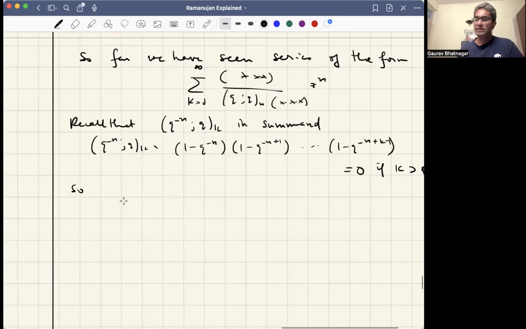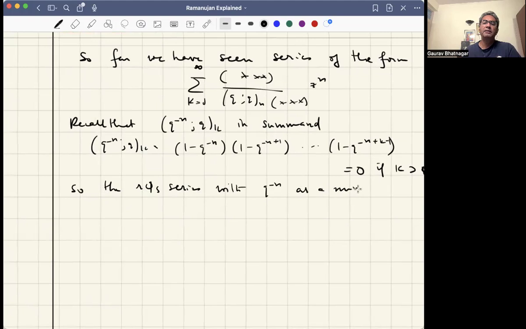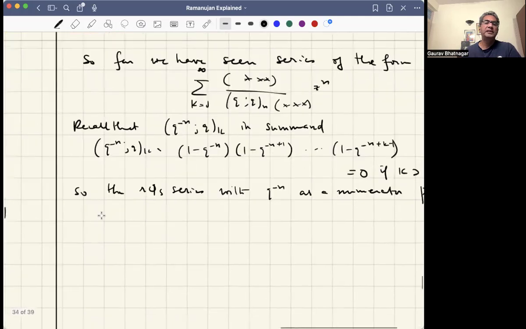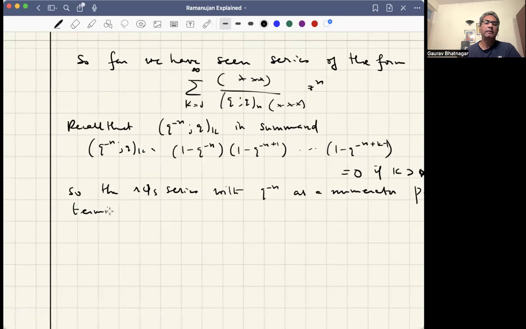So if this term is there, the basic hypergeometric series with q raised to minus n as a numerator parameter terminates naturally from above.